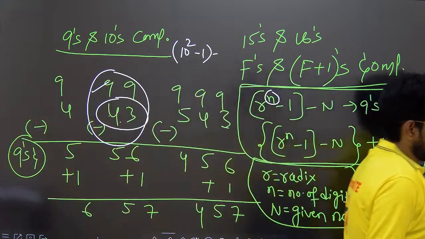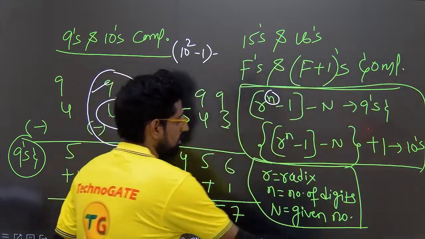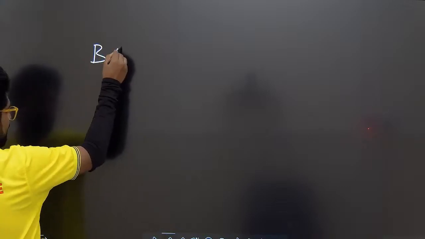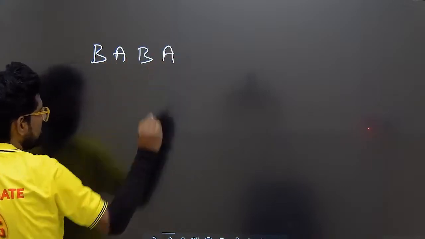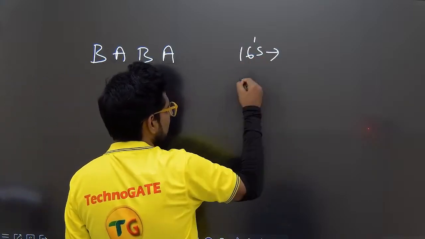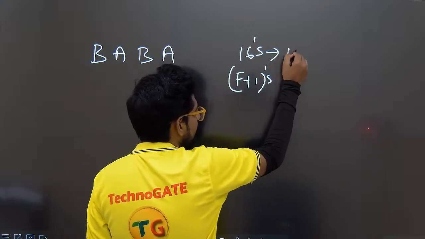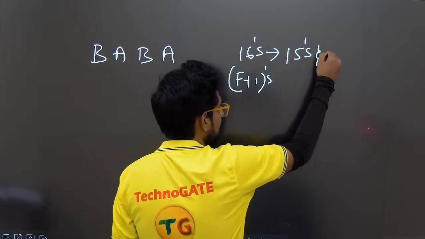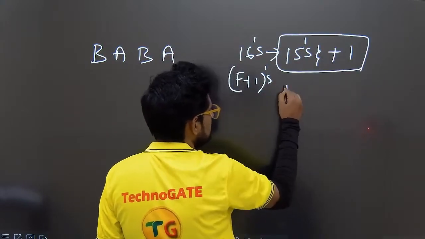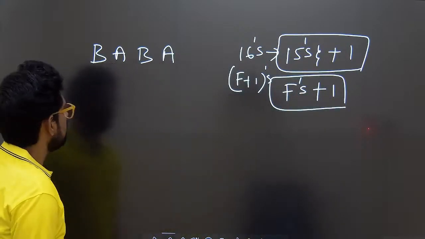And finally we will have 15's and 16's complement. This is also very simple. For example, I want the 15's complement of BA. The 16's complement can be written as F plus 1's complement, which is obtained by adding 1 to the 15's complement, which is F's complement plus 1. So how to find the 15's complement?